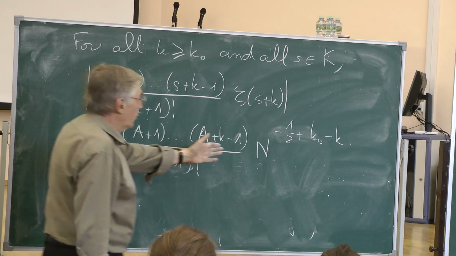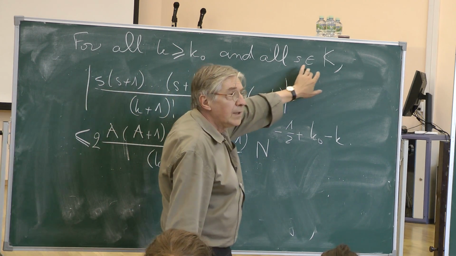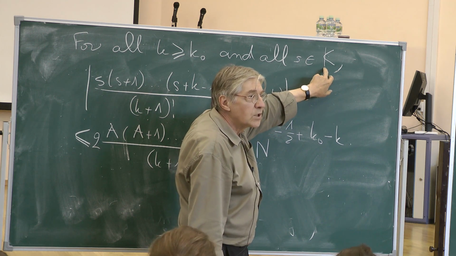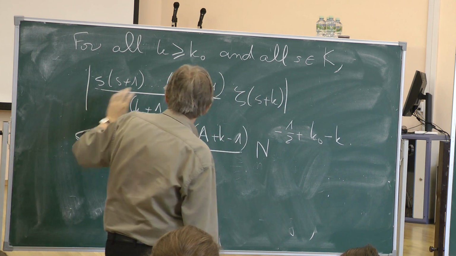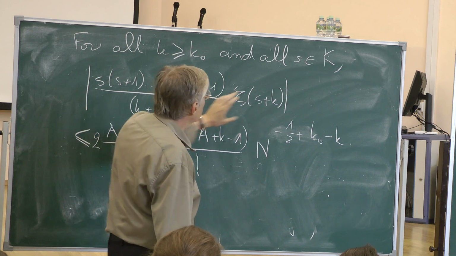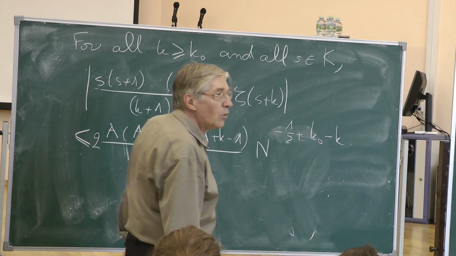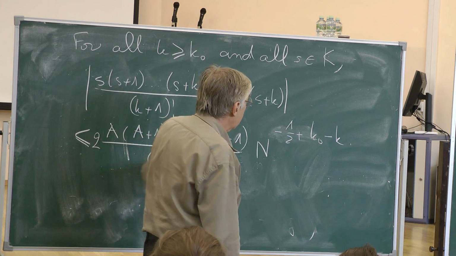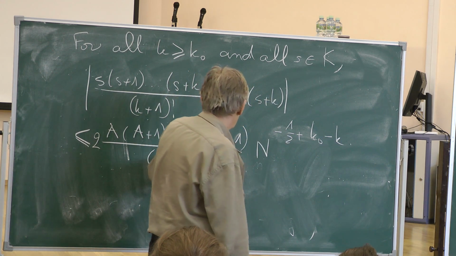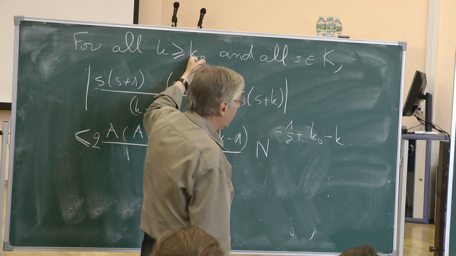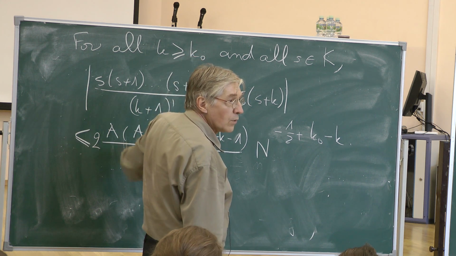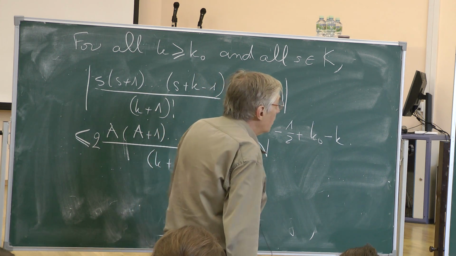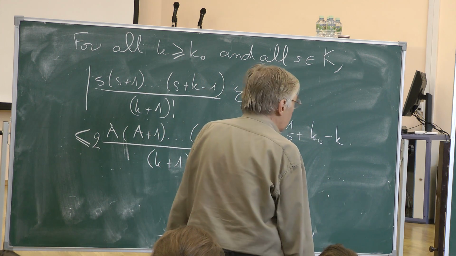And I get this bound. This bound does not depend anymore at all on the element s, which is in capital K. So I have a bound for the general term of the series which does not depend anymore on my point. And now I have to see whether the series, when I vary k, for k larger than or equal to k0, converges. Indeed, let me see.